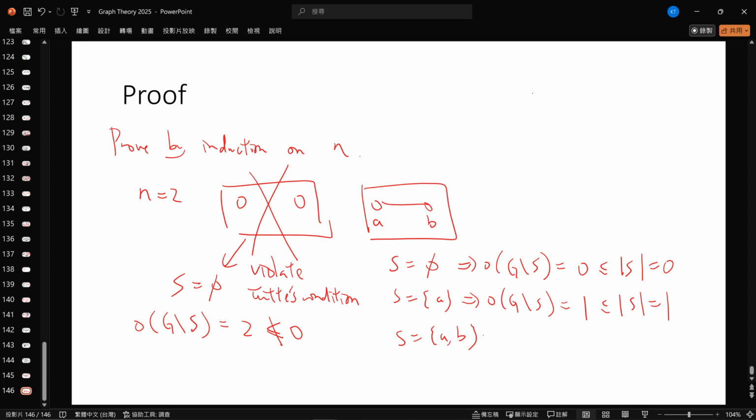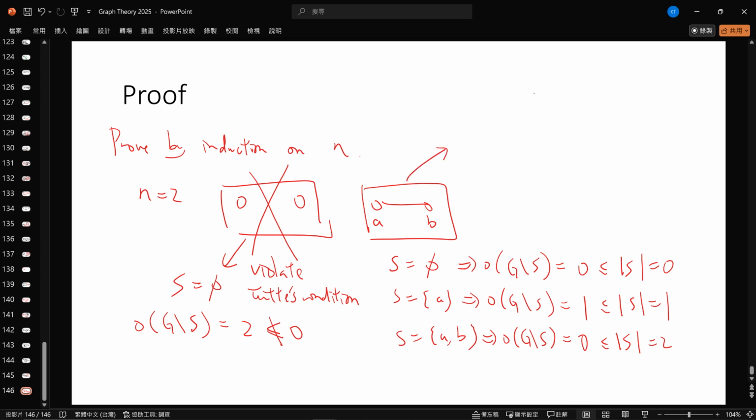And finally, if you remove every vertex from the graph, then you have actually no components at all. So clearly, this is at most the number of vertices that you remove. So this graph satisfies Tutte's condition.